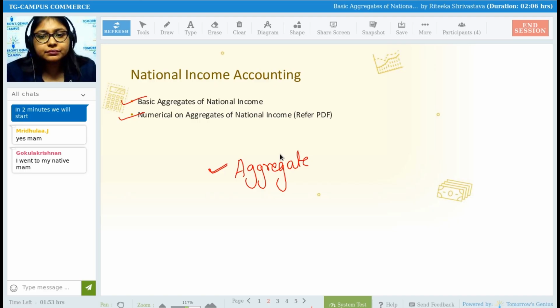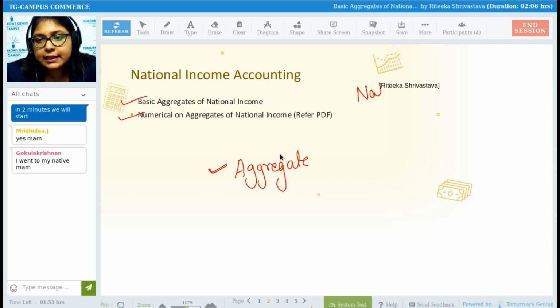Large amount of data. Okay. Yes, that could be one meaning of it. But what do we mean by aggregate in the national income chapter, from this chapter's perspective?